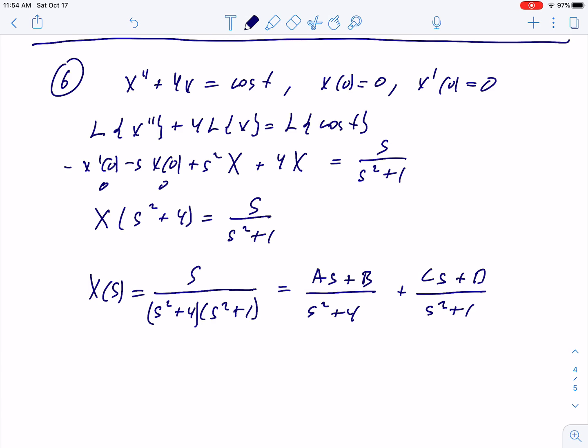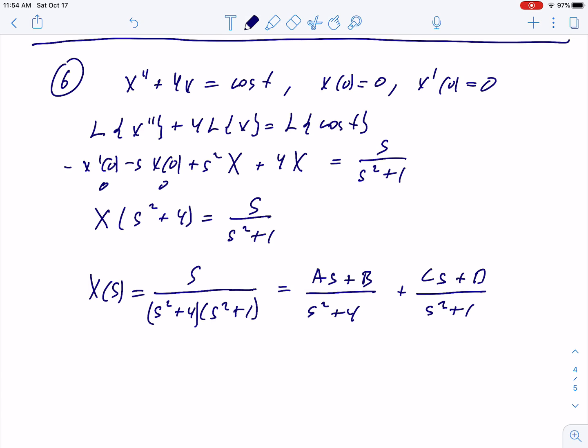So if you have a quadratic factor on the bottom, you put a linear factor on top. And we have now 4 coefficients involved in this problem. Again, we can write a common denominator, compare coefficients, and find A, B, C, and D.